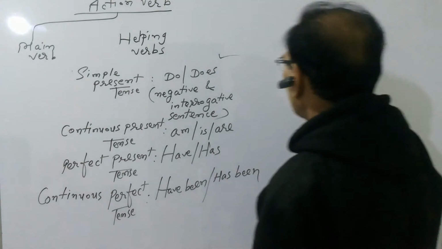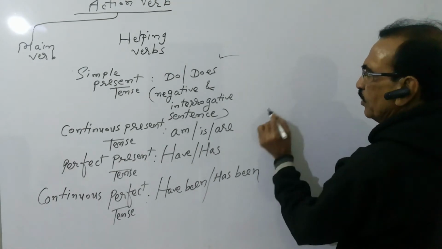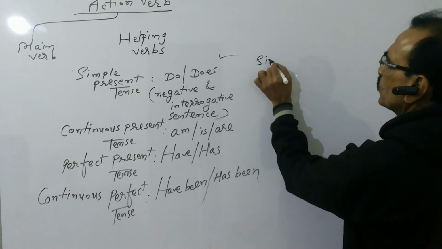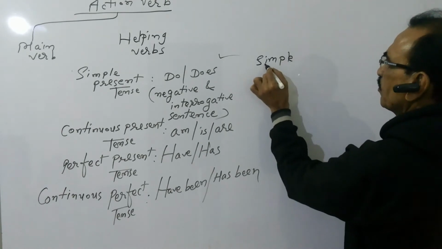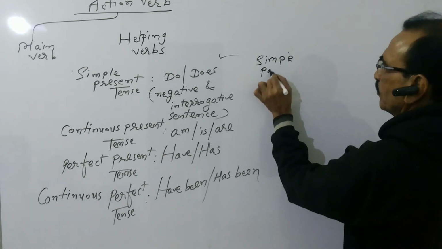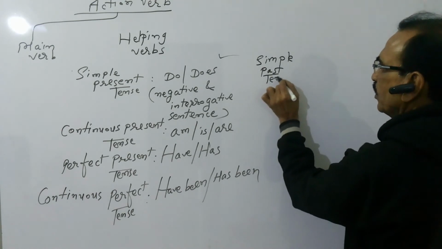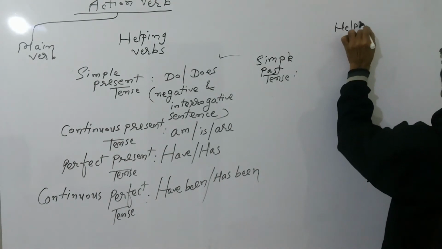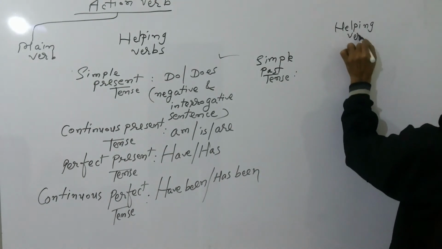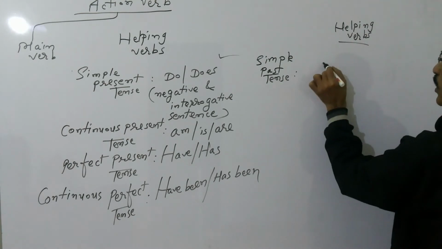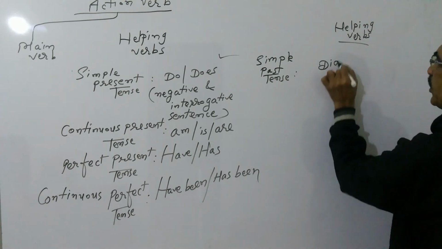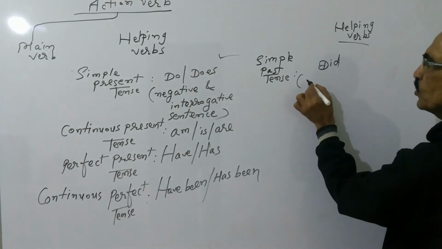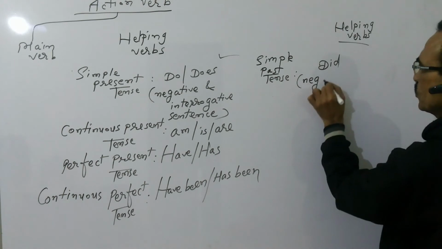Similarly, for past tense, instead of do or does, we will be using simple past tense helping verbs. Here the simple thing is did. This is the past tense form of do and does, friends. So did is also used in negative and interrogative sentences.